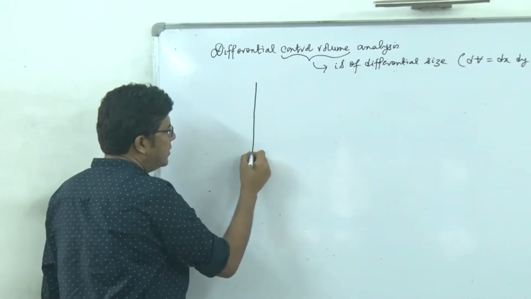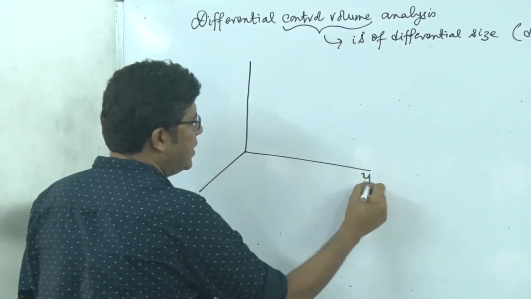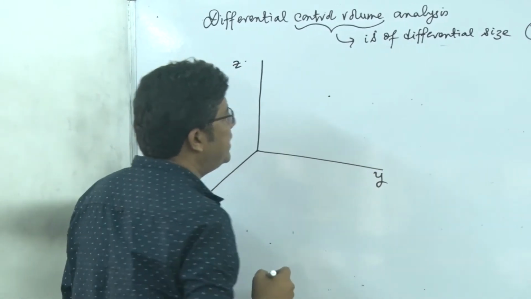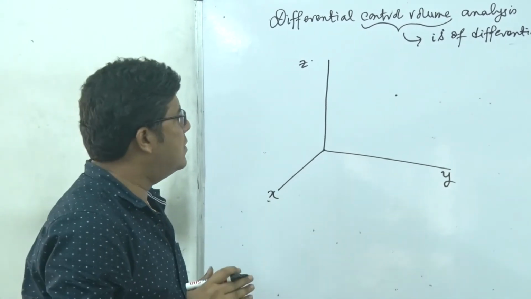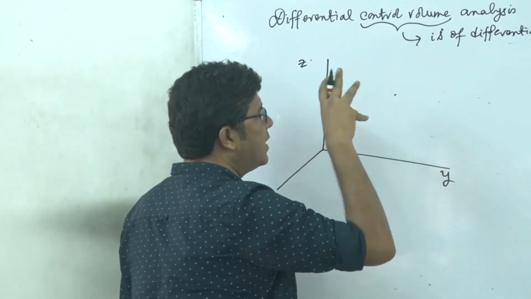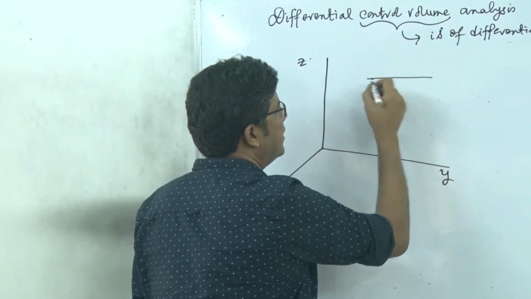So here let's consider the coordinate axes x, y, z and a point P at which we are going to apply the conservation of mass. But a point has no volume, so centering the point we will consider a differential control volume.